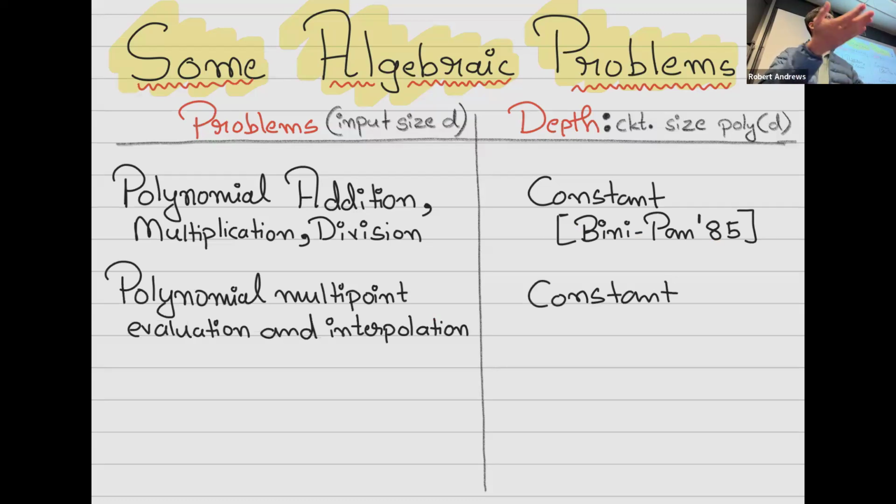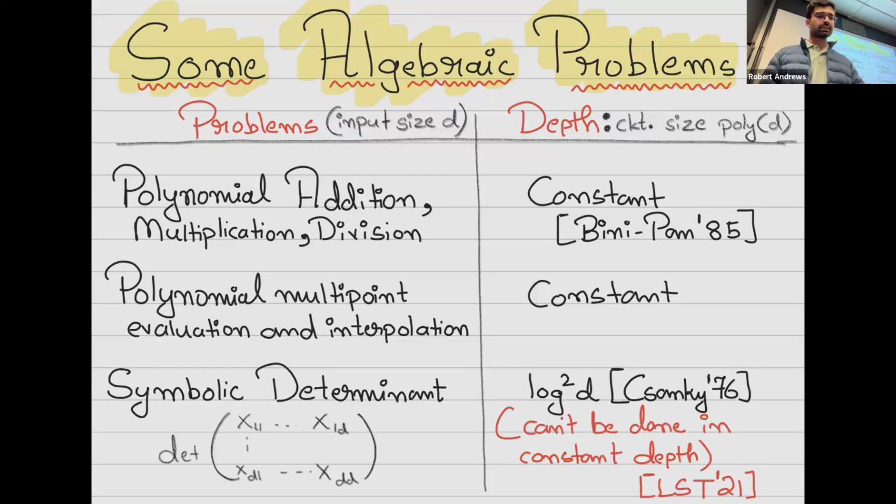Some other problems we know we can do: I can do polynomial interpolation in constant depth. Given some alpha_i's and beta_i's, if I want to find a polynomial f such that f(alpha_i) = beta_i, I can do this in constant depth. And maybe the last problem I'll mention is the problem of symbolic determinant. If I give you a matrix whose entries are variables x_ij, I know that I can do it in log square depth.